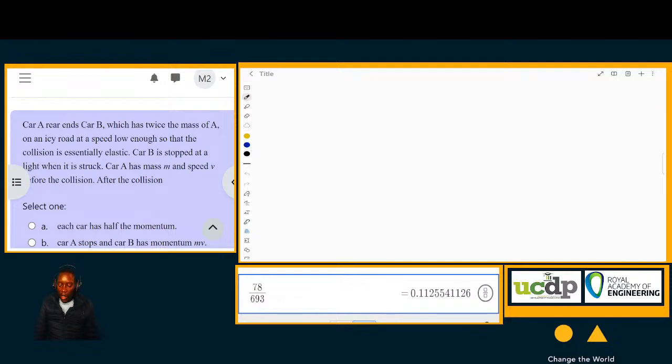So the first question we have here is a simple question on momentum, where we have a car A that rear ends car B, which has twice the mass of A. So we have two cars in this case. It's also always important to have a picture of what's happening. So that will be car A, and we have car B there.